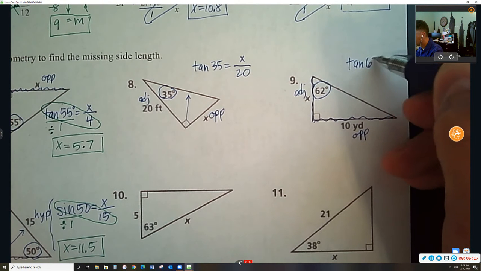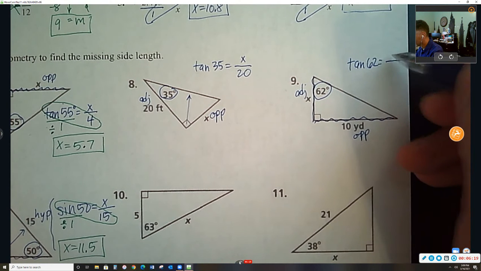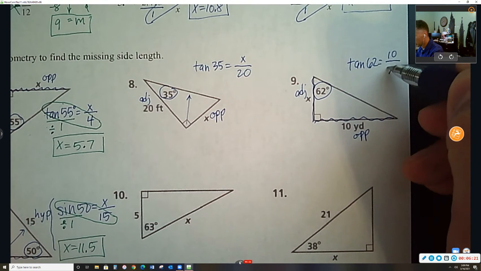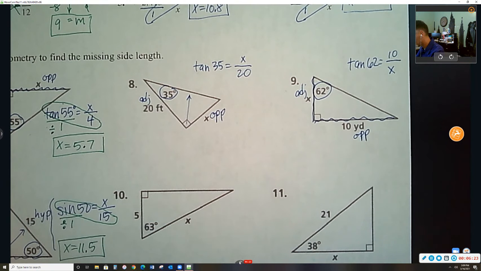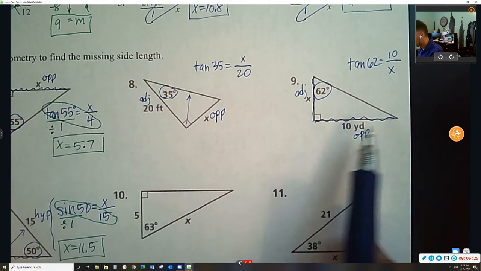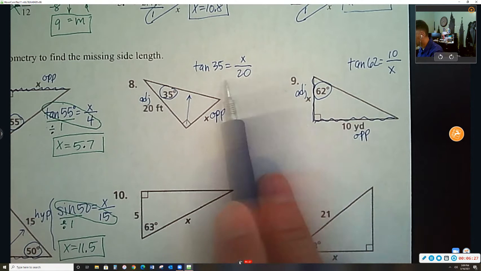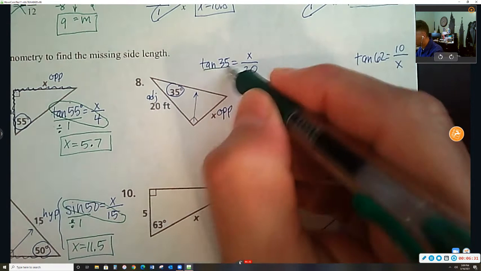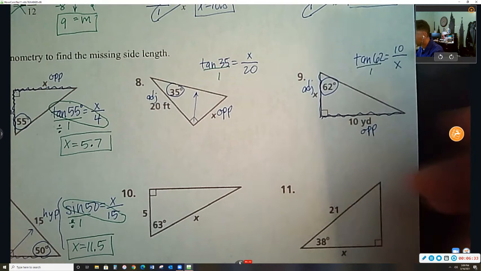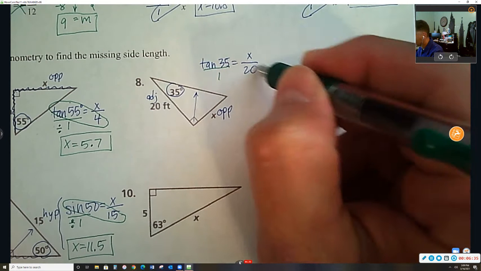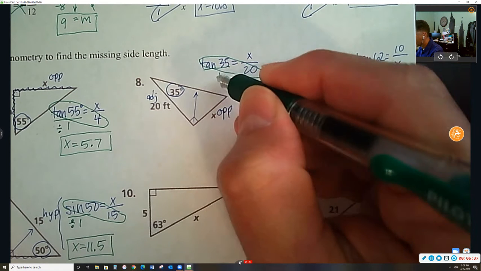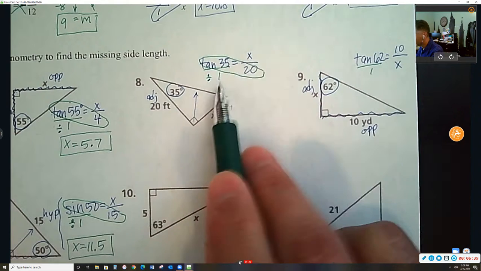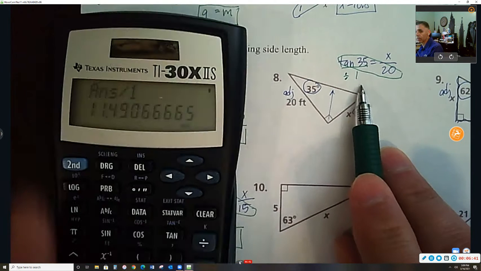Tangent of 62 degrees is equal to the length of the opposite side divided by the length of the adjacent side. Opposite, adjacent. And then we solve both of these. And solving them, it's easy. Put a 1 under it. Find the x. Cross multiply so the x isn't in there, and divide by 1.